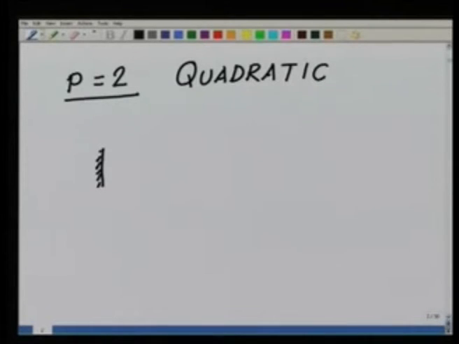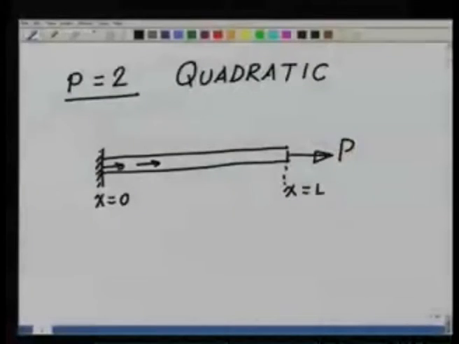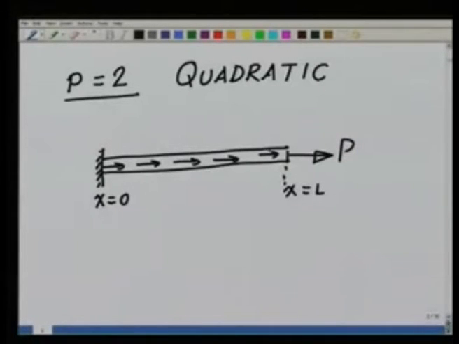We take the same domain that we had taken earlier, with an end load P. This is x equal to L, this is x equal to 0, and some distributed force F of x.